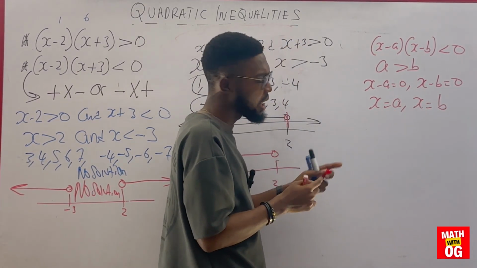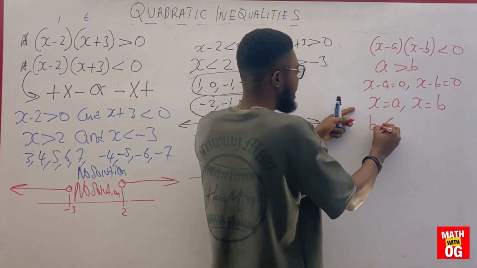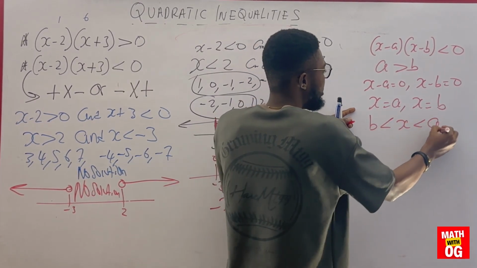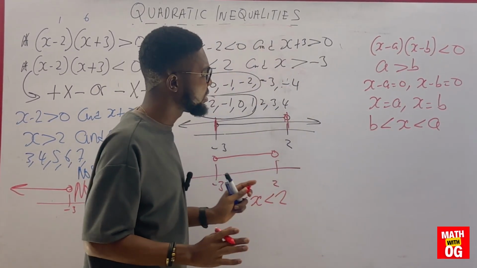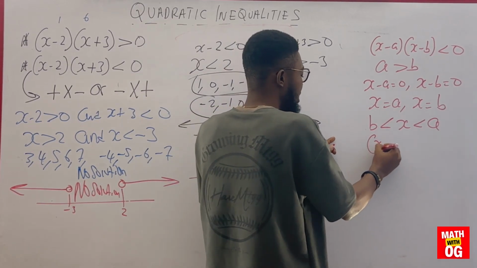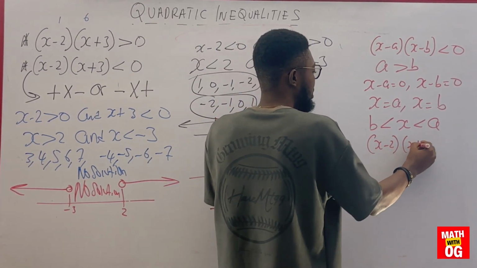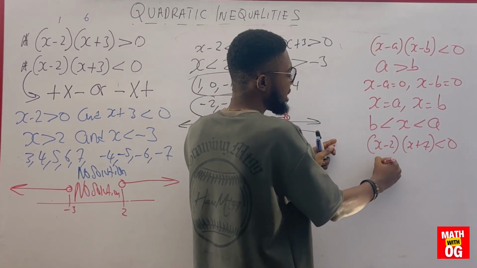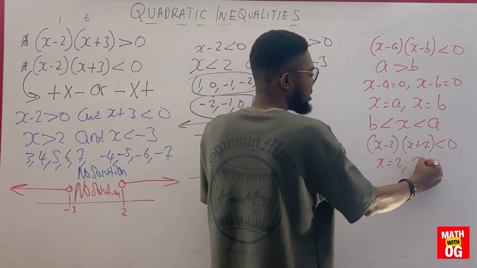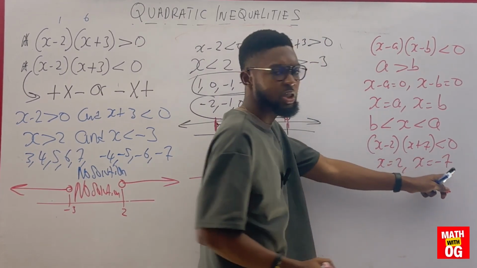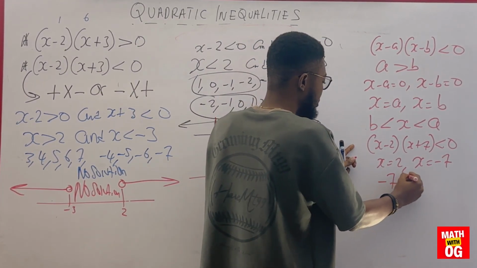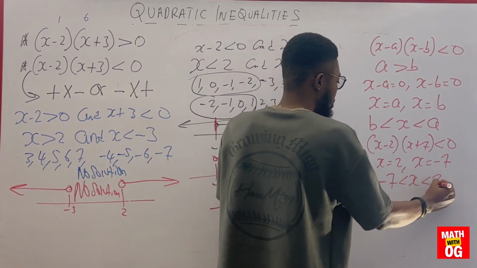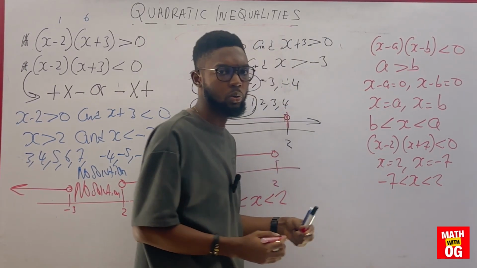Because a is greater than b, b will come first, less than x, less than the bigger value. As easy as that. So if I have a question like this, x minus 2, x plus 7 to be less than 0, I'll simply write for this case x is equal to 2, and for this x is equal to negative 7. Smaller value first, negative 7 less than x less than 2. That's the solution to the question.